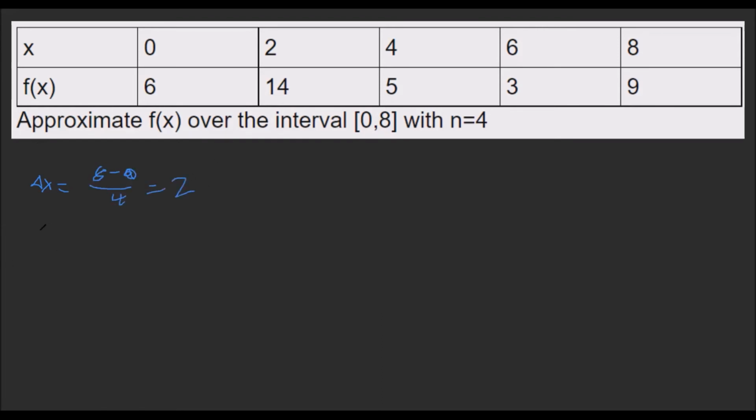Now we might as well just write out the general expression for this integral, which is going to be the integral from 0 to 8 of f of x dx. And we can say this is approximately equal to 2/3 times, and this is the tedious part, f of 0 plus 4 times f of 2.